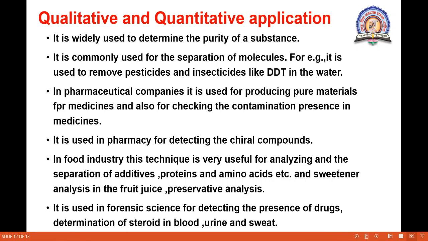For that, this technique is used, and it is also used in identification and quantifying the aromatics and volatile substances of medicinal plants. These are also identified using this technique.